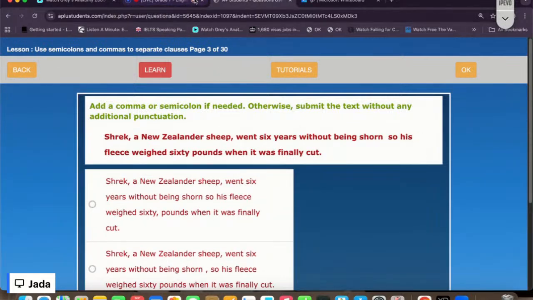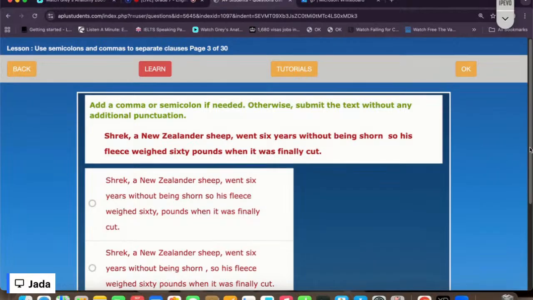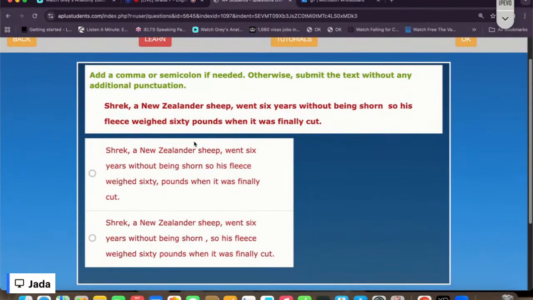Okay. So next up we have: Shrek, a New Zealand sheep, went 6 years without being shorn, so his fleece weighed 60 pounds when it was finally cut. So is it first or second?